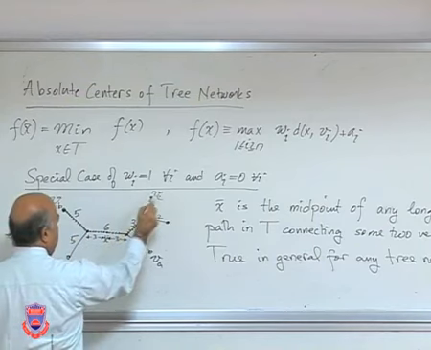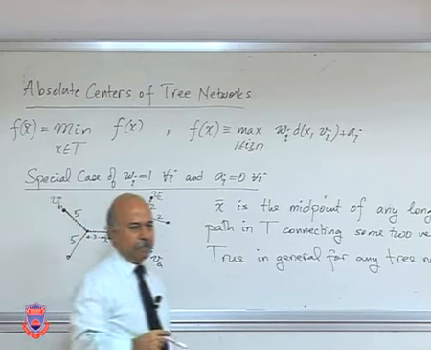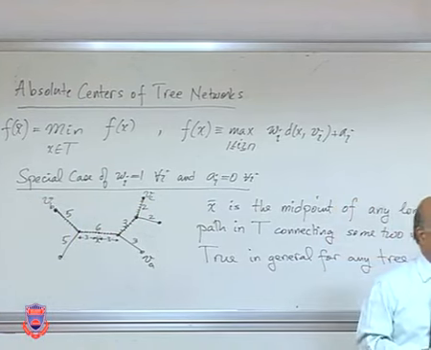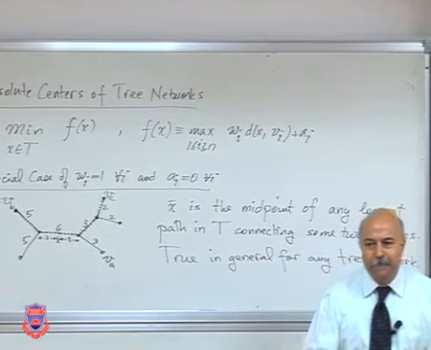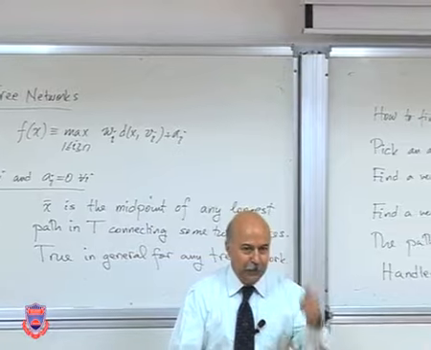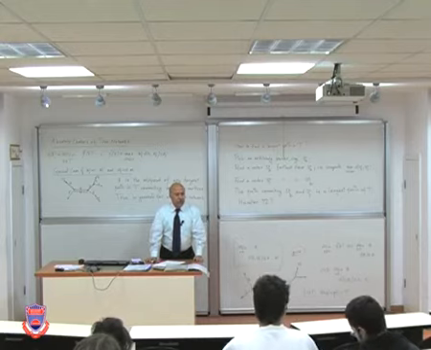That's going to be your VC, and that will be the longest path. How do you prove it? You might want to work on it at home. These are things you should be able to work out on your own after a while. Let's take a 10-minute break and then we'll continue.